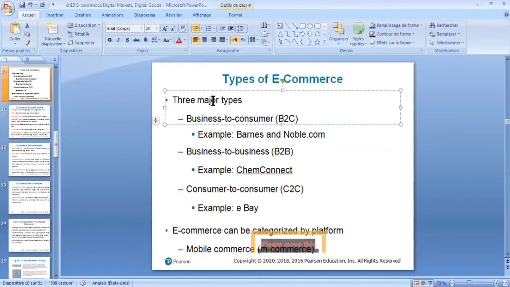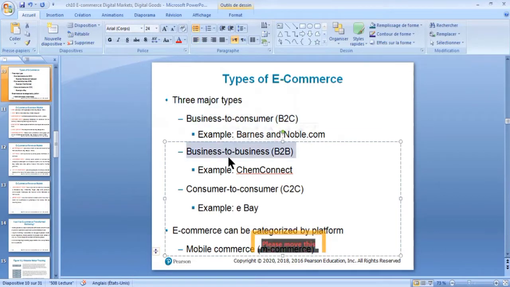The three major electronic commerce categories are B2C, business to consumer, B2B, business to business, and C2C, consumer to consumer e-commerce.